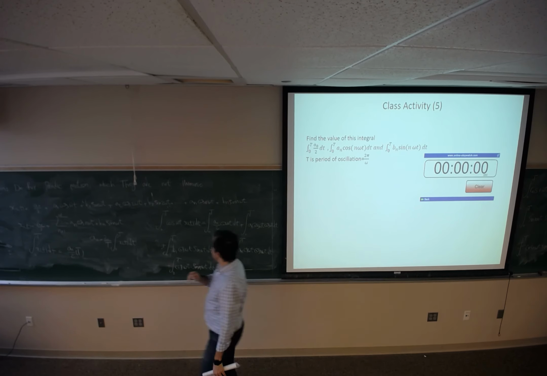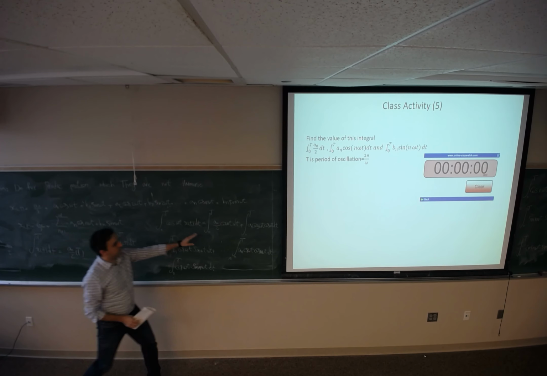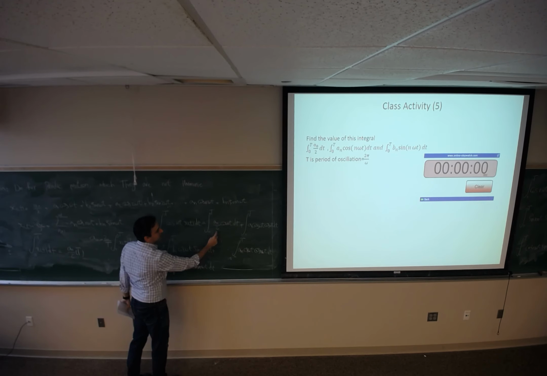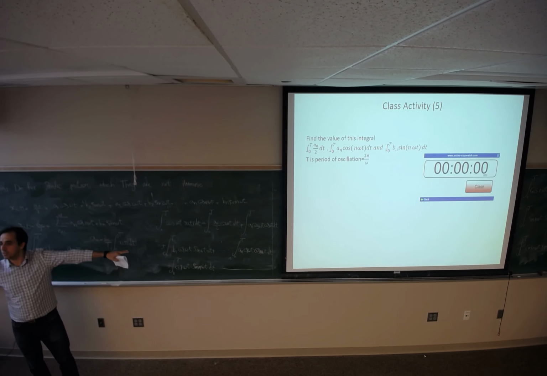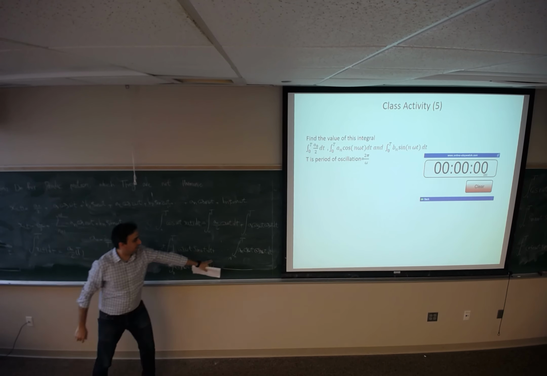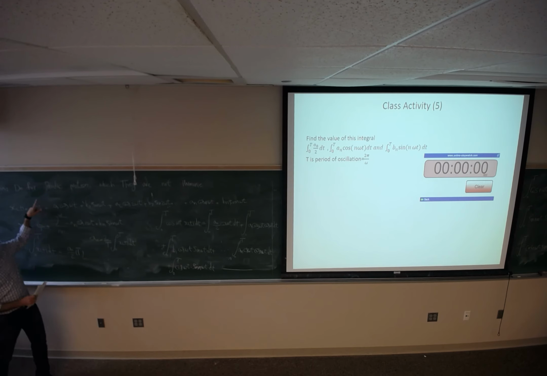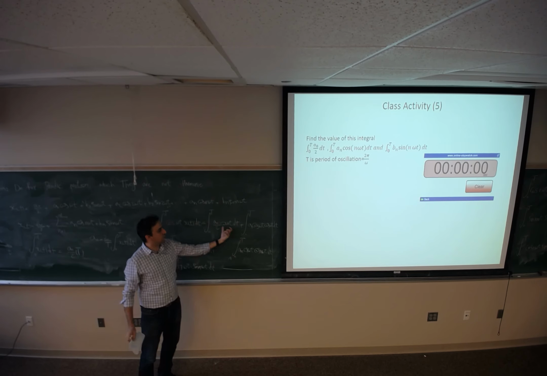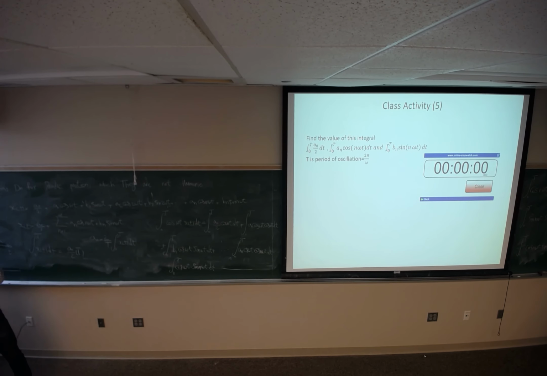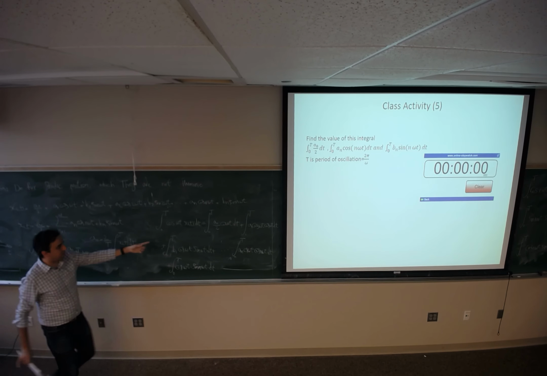Now let's look at the right side. This is the coefficient. So I'm going to have a naught divided by 2 times the integration of cosine of omega t dt from 0 to T. What's going to be the value for this? We just did it when I was deriving a naught. We did the calculation for this integration of cosine of omega t dt. And what was the result after we plugged in 0 and T? 0.